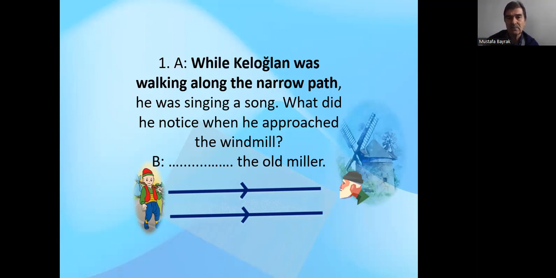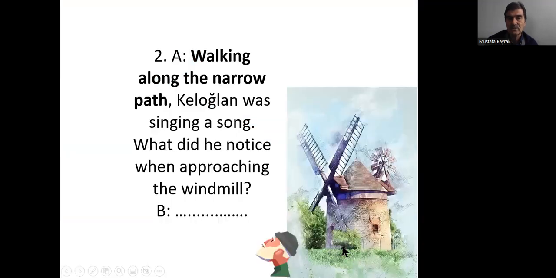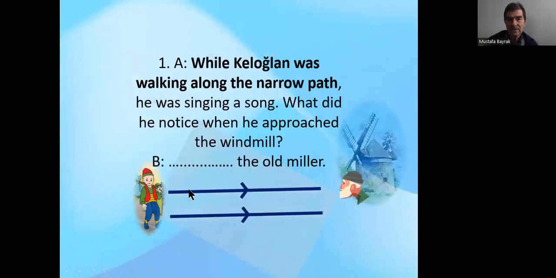Now, do you see the parallel lines here? Both actions, both events happen parallel to each other, along with each other. For example, in the first line, while Keloğlan was walking along the narrow path, he was singing a song.